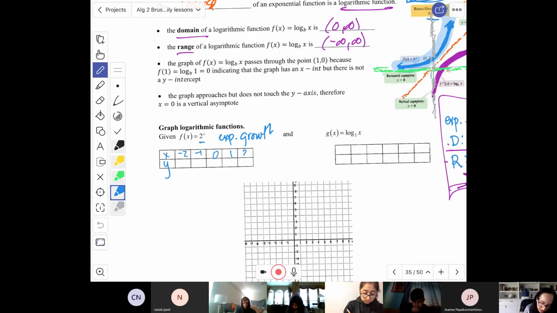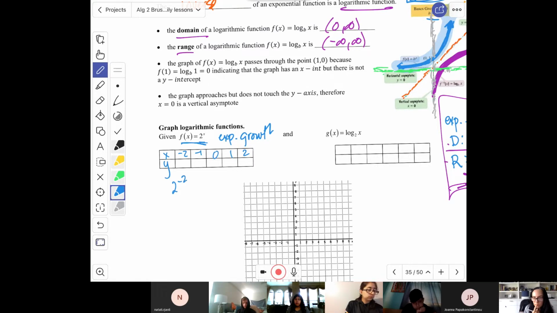If I substitute in -2 for x, what is y here? Two to the -2 power is what? Isn't that what we're figuring out?